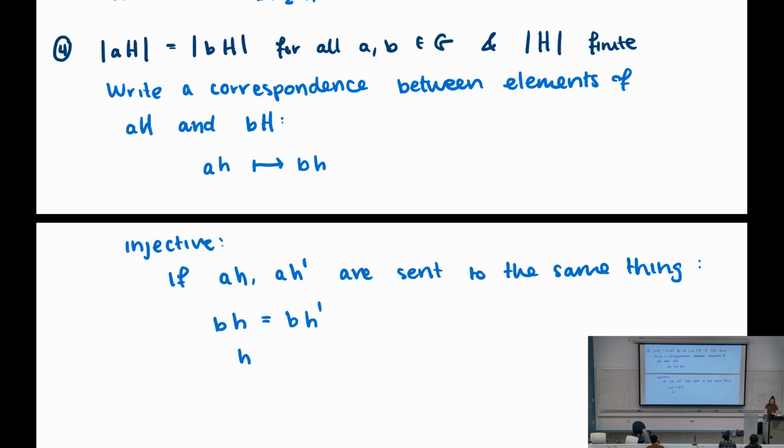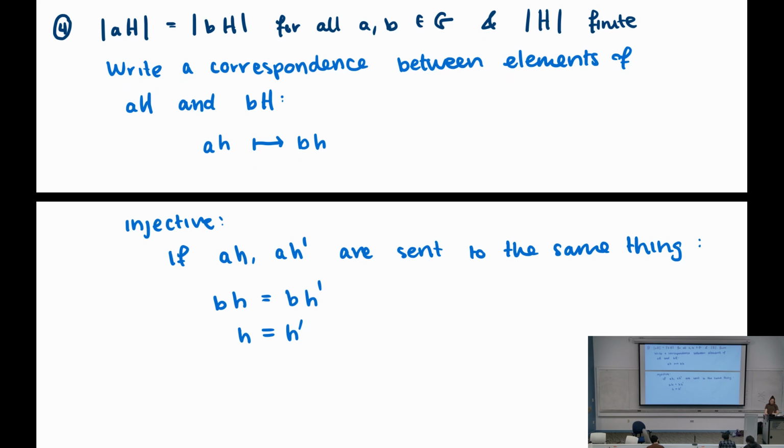So then by cancellation, we have h equals h'. And so that means that, in fact, we had ah is equal to ah'. Okay, so that shows that this correspondence is injective.